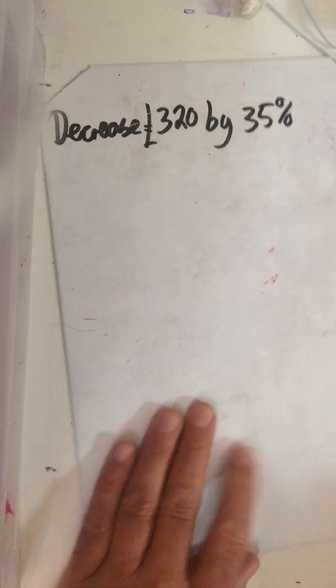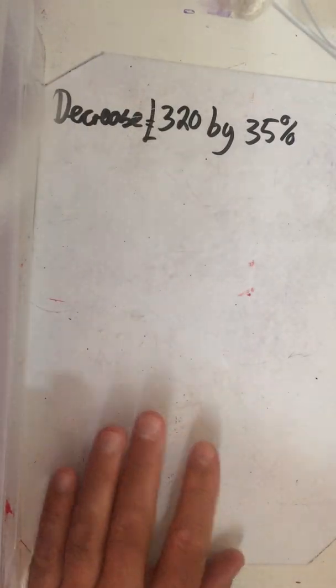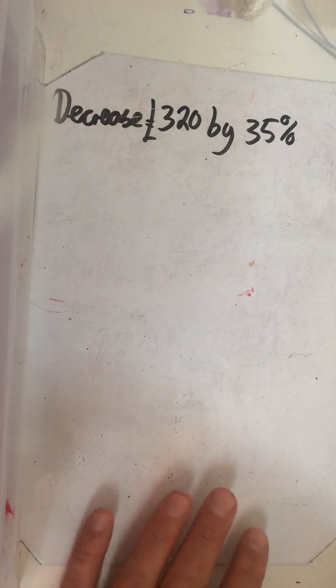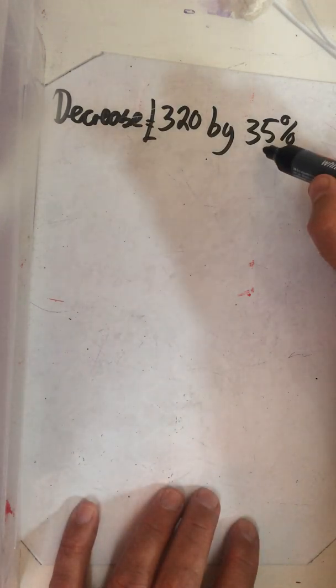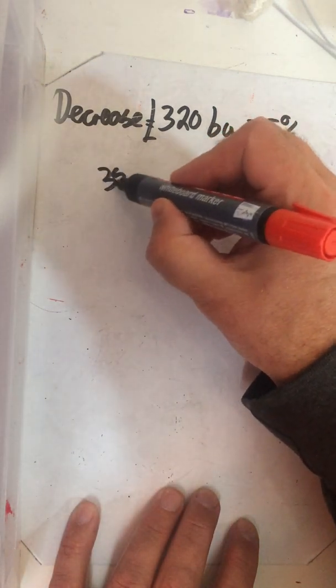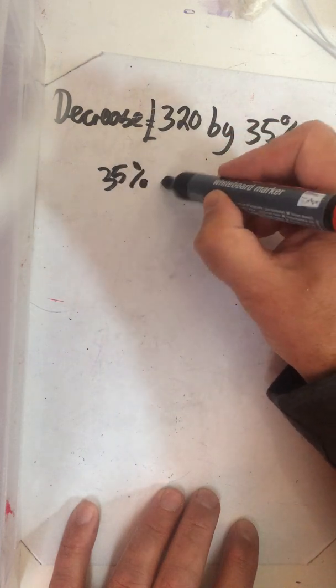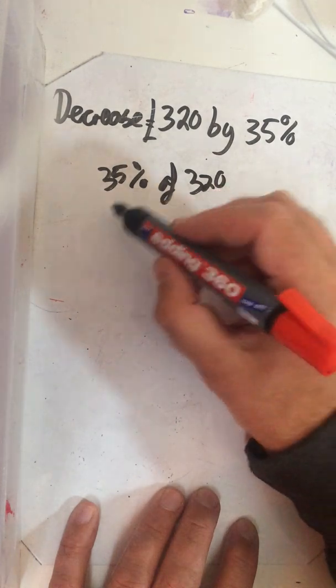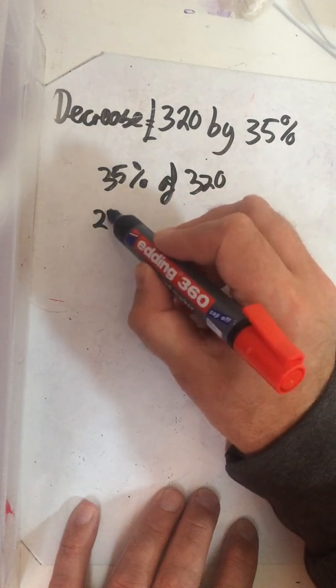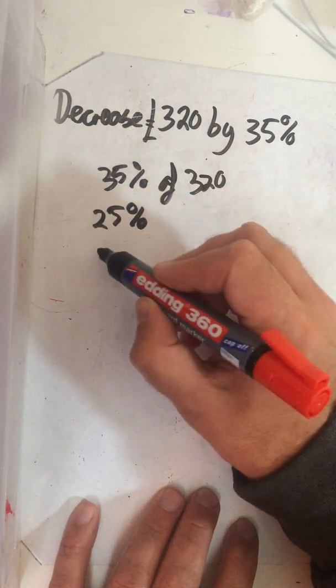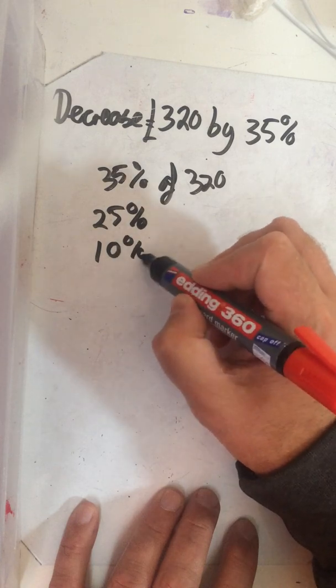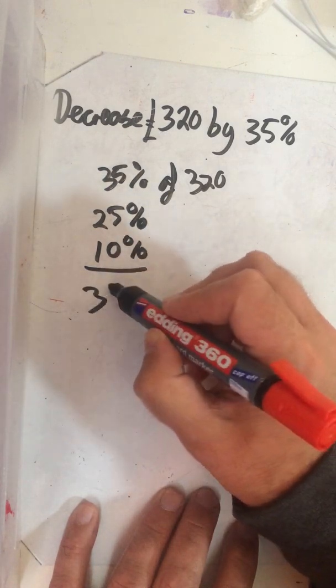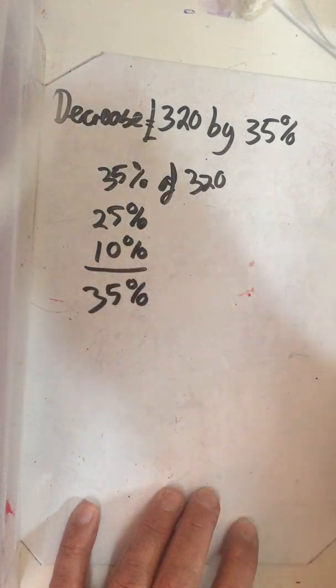Then you might be asked to decrease a number. So if we're asked to decrease £320 by 35%, the first thing I'm going to do is find 35% of 320. I think the smart way to do this is to find 25% and then 10%, and I know if I add those up, it'll give me 35%.